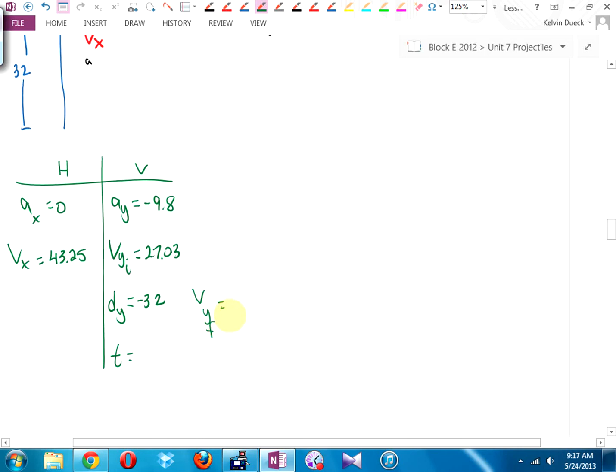By the way, it's not going to be negative 27.03, because it would be negative 27.03 when the projectile crossed your eyes where you were looking straight ahead, but it's going to keep falling and speeding up. Find an equation that has a, v initial, d, and v final in it without a t. Is there one?